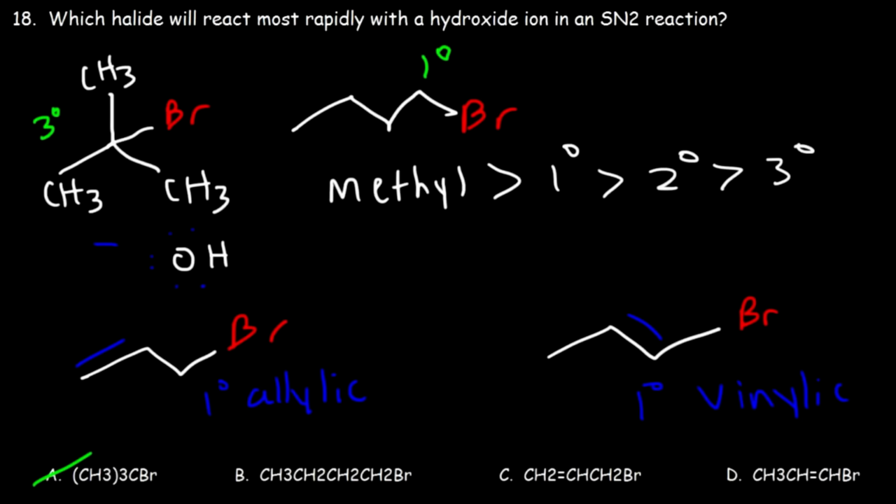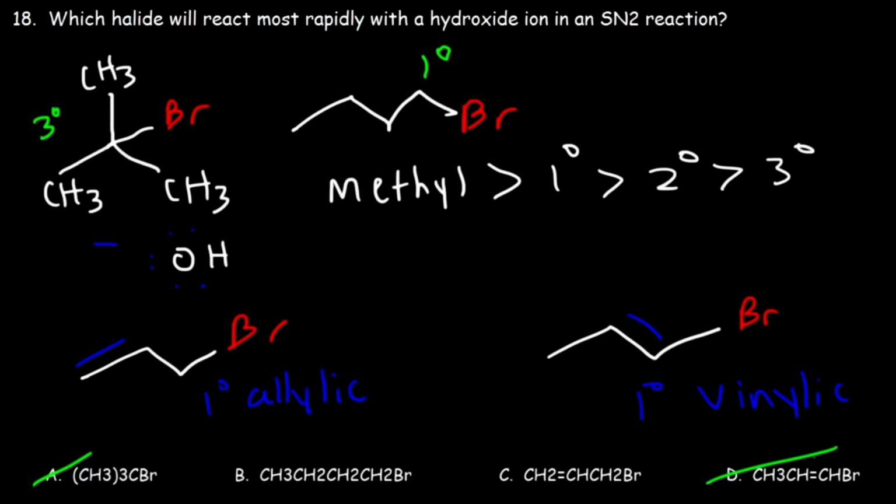Now, something else that you need to know is that vinylic halides do not work at all for SN2 reactions and for SN1 reactions. So therefore, we could eliminate answer choice D. So we're between B and C.